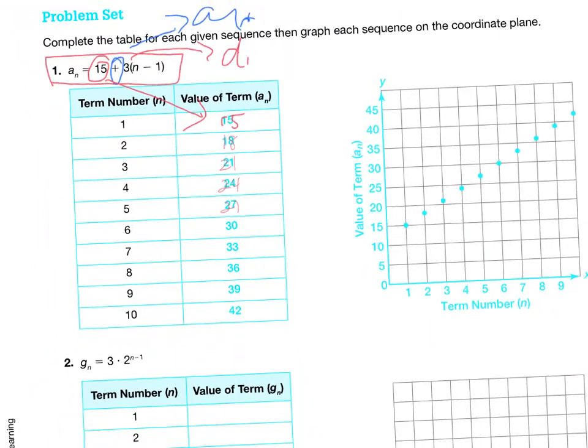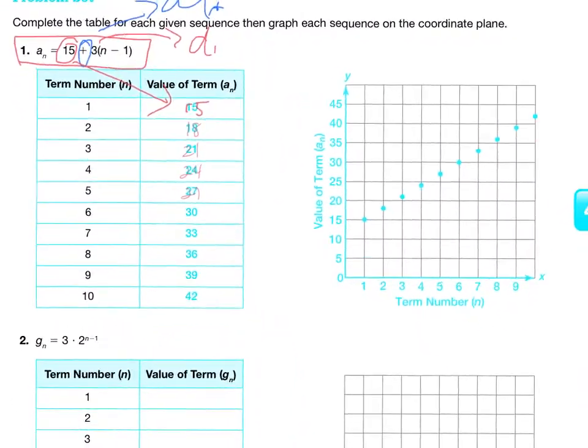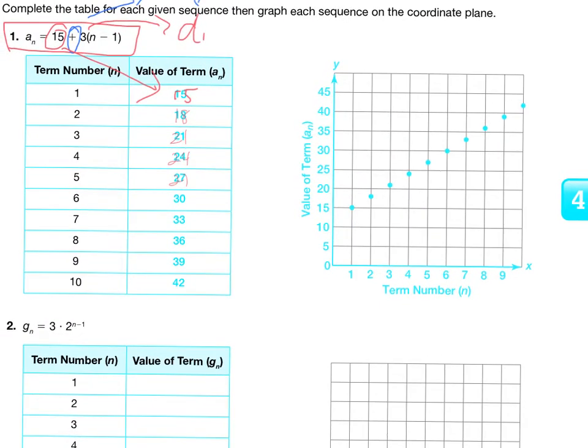Then you're going to graph this on a coordinate plane, and n will be your independent variable, that's your x, and the value will be the y. They graphed them by 5s on the y, and 1, 2, 3, 4, 5 on the x, probably because these numbers ended up at 40.